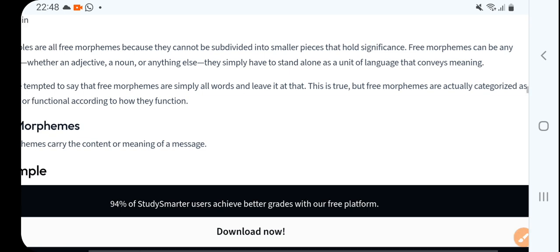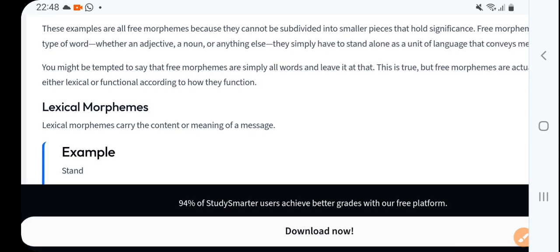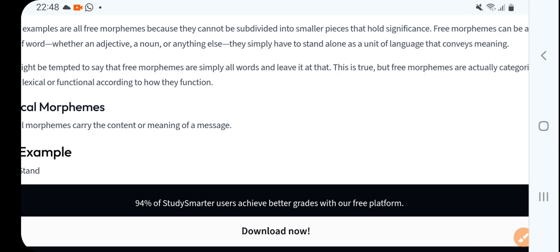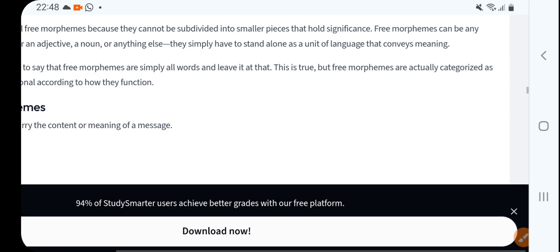Free morphemes can be any type of word, whether an adjective, a noun, or anything else. They simply have to stand alone as a unit of language that conveys meaning. Any word is a morpheme which has significance or conveys meaning.